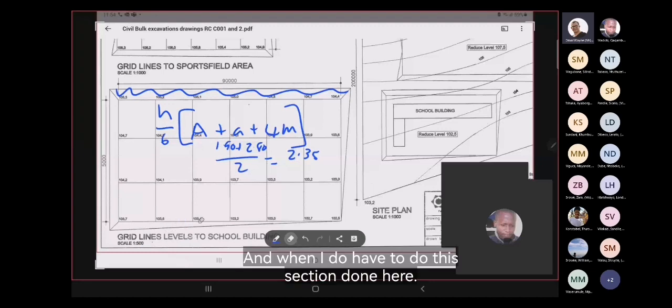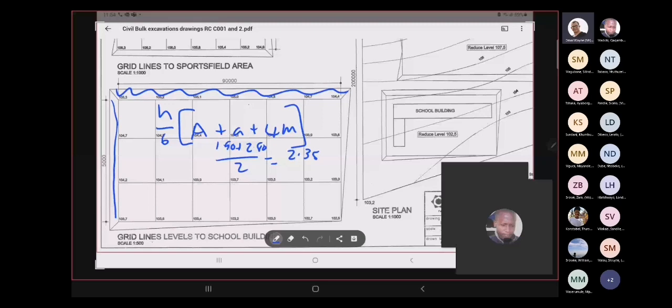And when I do the section down here, it will again be 2.8 by 50 by half by 1 over 6, 1.2 by 50 by half by 1 over 6.